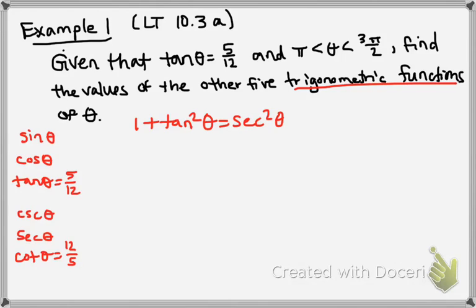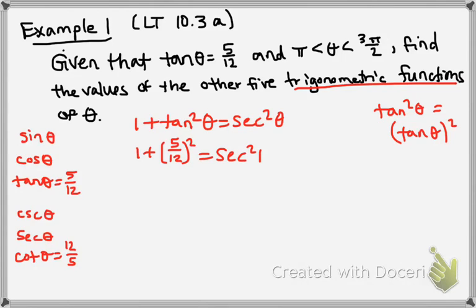Now that I know the tangent is 5/12, I can plug that in. So I have 1 plus, and remember, tangent squared of theta means the whole quantity of tangent of theta squared. So whatever tangent is, I'm going to square it. Tangent is 5/12, so I square that, and that equals secant squared of theta.